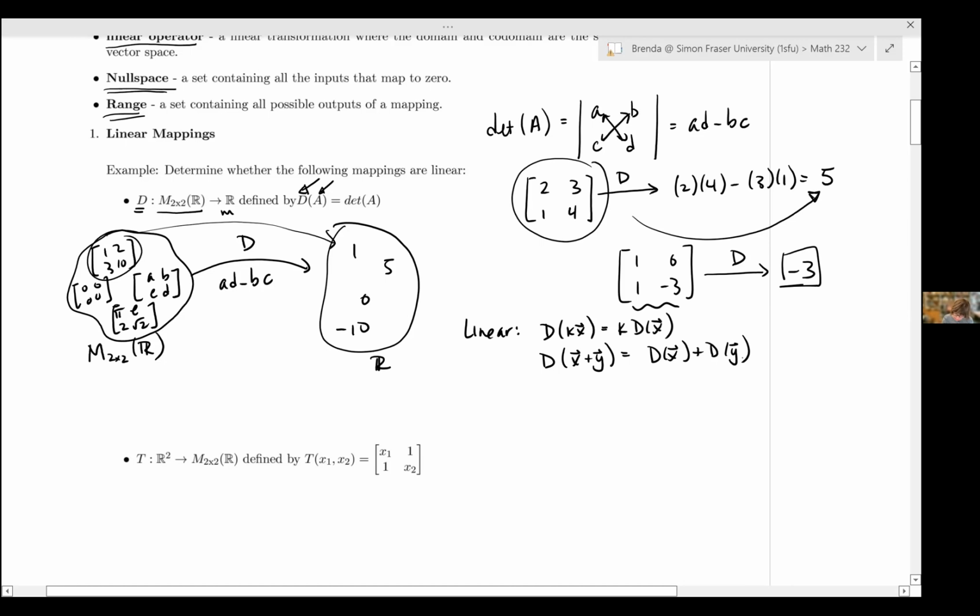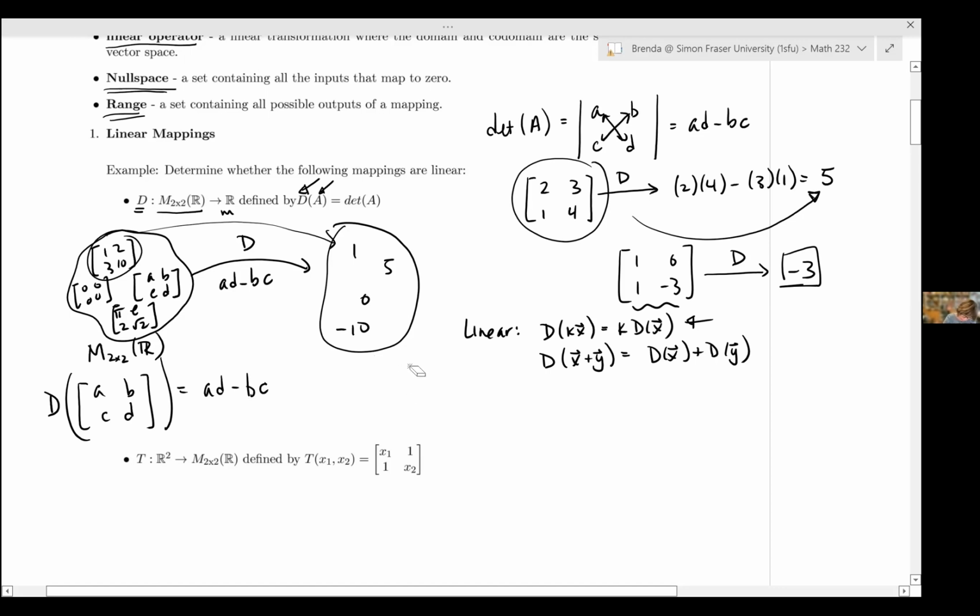Okay, so let's take a look at this first property here. If we take the matrix A, B, C, D, and we operate on that with this transformation D, we will get AD minus BC.